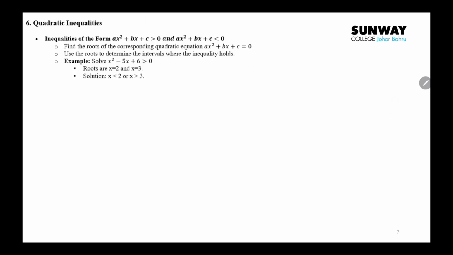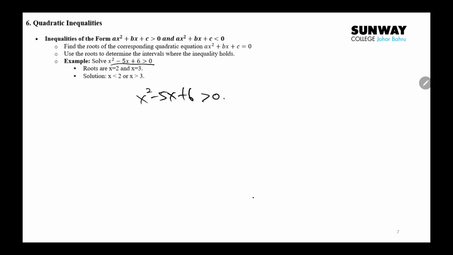Quadratic inequalities are another important part, where we have to find a section that satisfies the inequality that has been determined. So for example, in this case, if you were asked to solve a question like this, the general solution remains roughly the same.